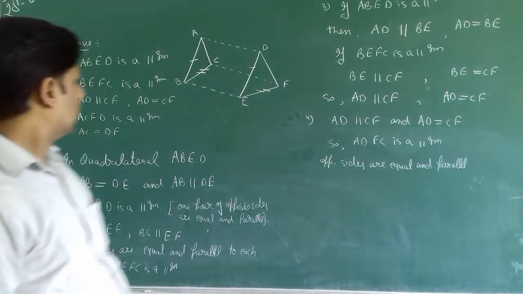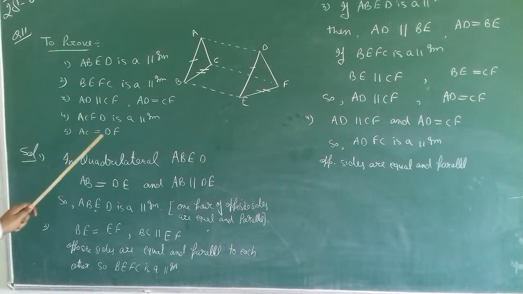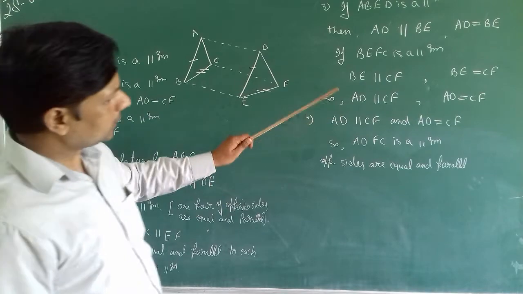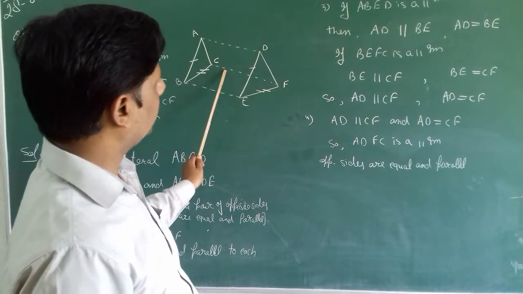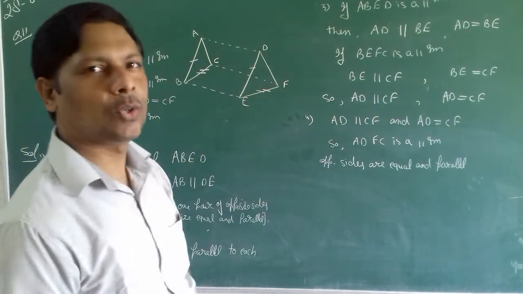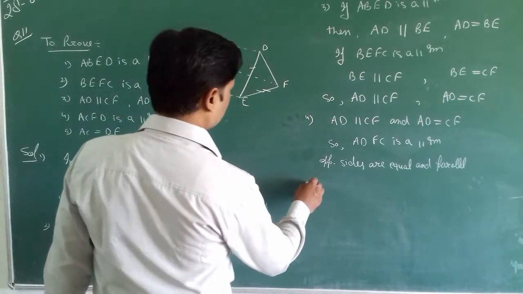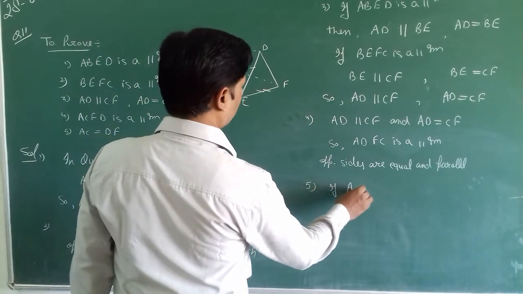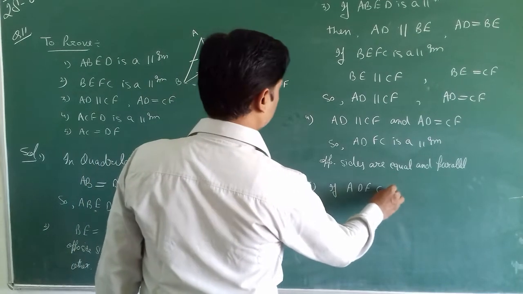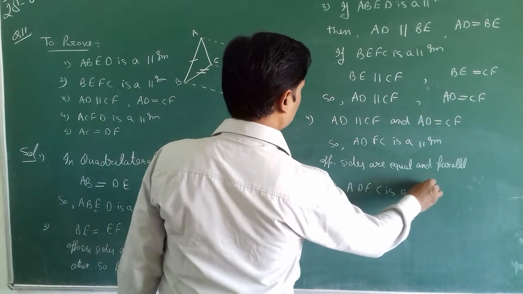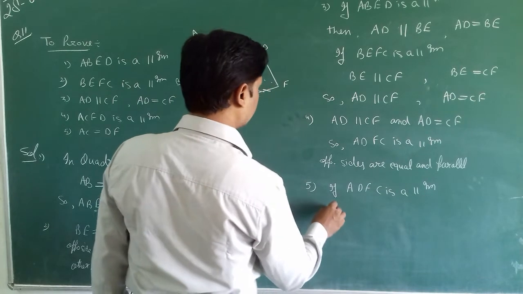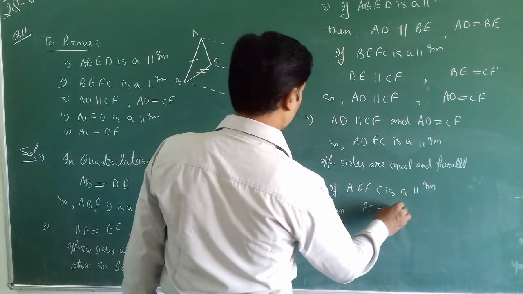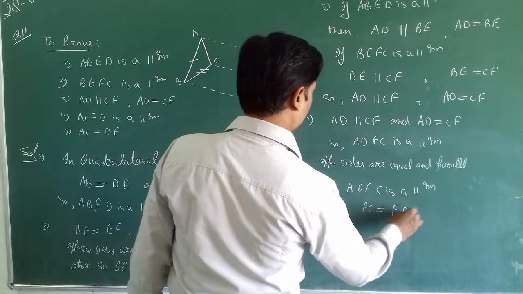Right, students? At last, AC is equal to DF. Now, if this is a parallelogram ADFC, then its opposite sides are equal to each other. Fifth, if ADFC is a parallelogram, then AC is equal to FD.